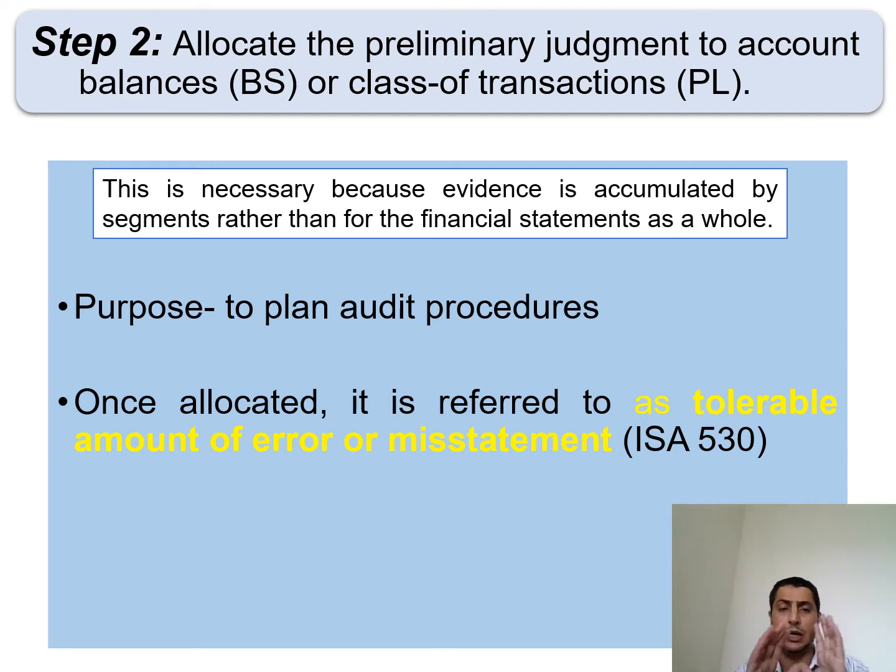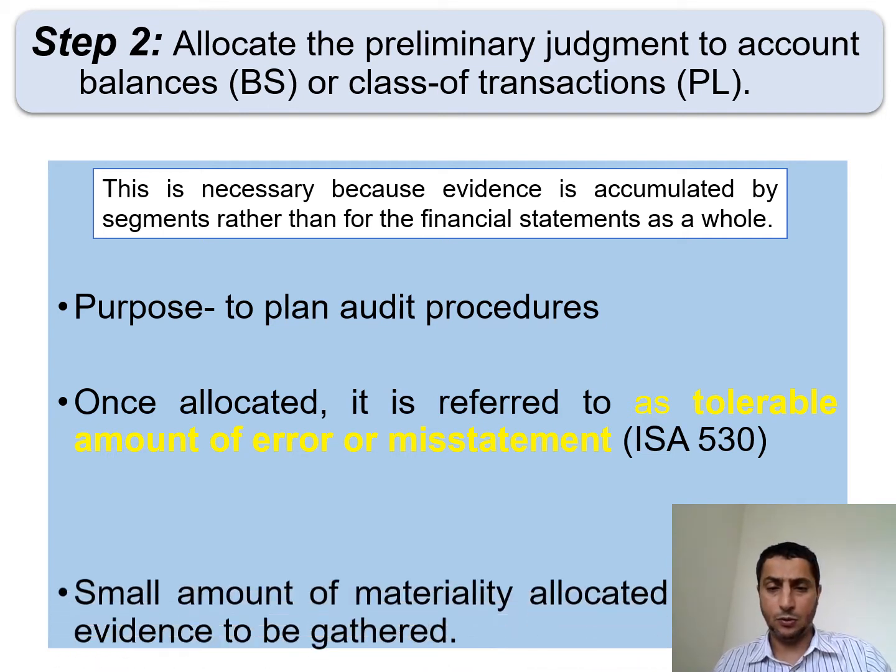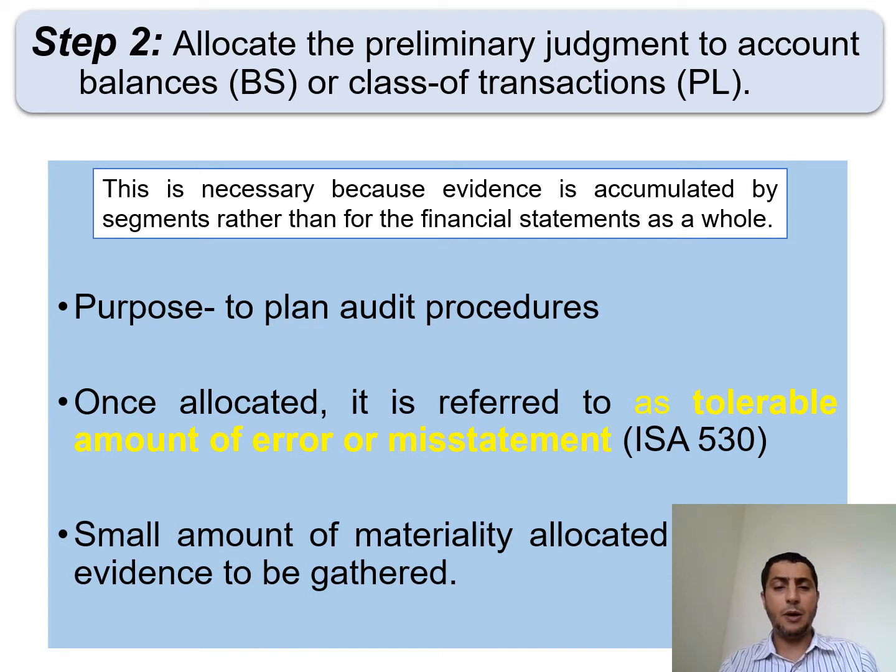In some textbooks, they call it performance materiality, but we will use tolerable misstatement in this textbook. So the smaller the amount of materiality allocated, the more evidence to be collected. Okay, so let's see our example here.